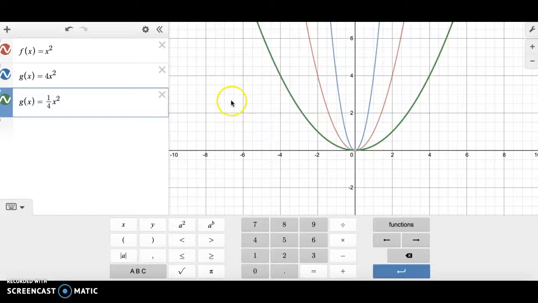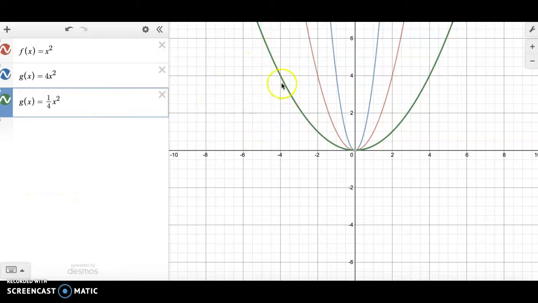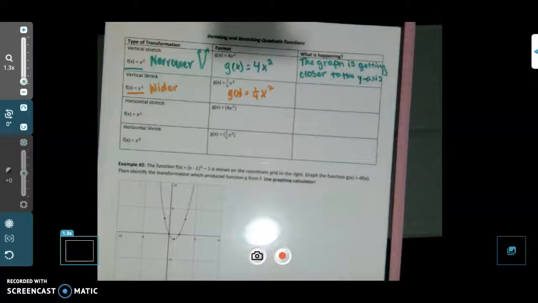Whoa. So what do you notice? Is the green graph, which is our new parent function, getting closer to the x-axis or to the y-axis? Okay, and if you said the x-axis, that is correct. It is getting closer to the x-axis. It's vertically shrinking, meaning it's shrinking away from the y-axis, okay? That's why it's called a shrink.